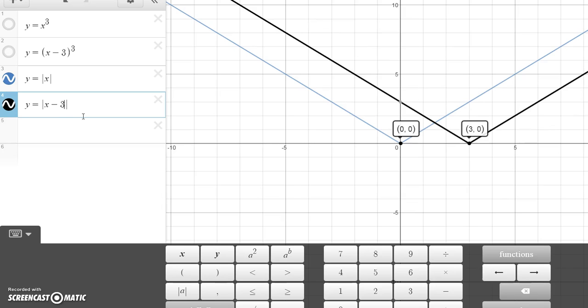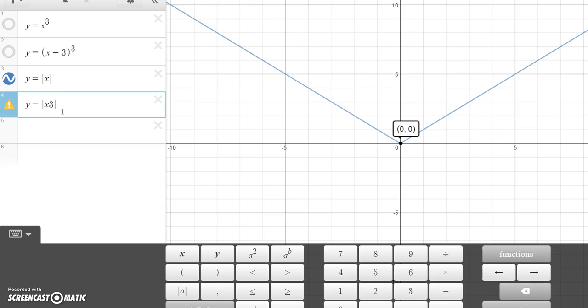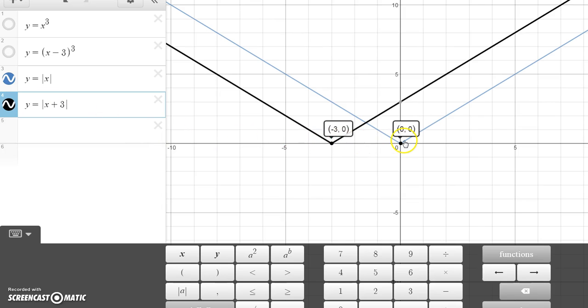Or x minus 3 is going to shift it to the right. I could show you the same thing with these up here, but hopefully you get my meaning now on these horizontal shifts. So when you replace x with x minus a number, it's going to shift that function to the right that many units, 3 units in this case. If you replace x with x plus a number, it's going to shift this function 3 units to the left. So that's how it works.